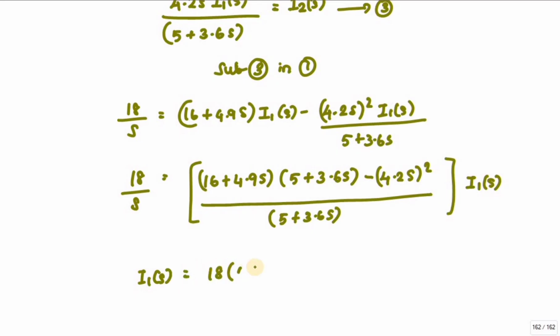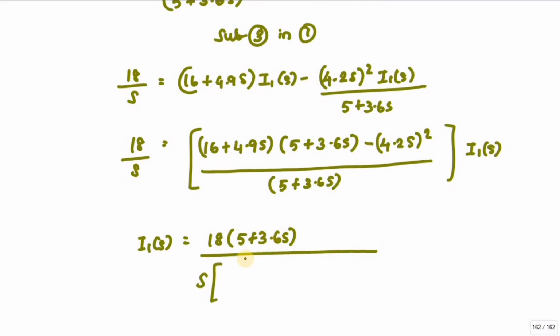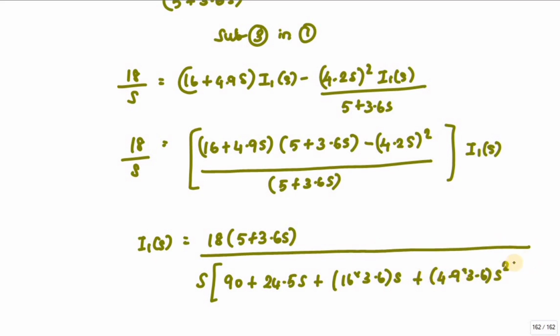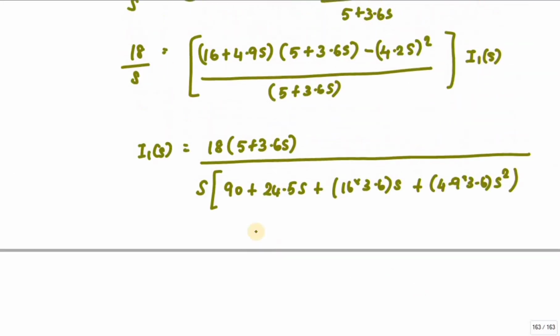So what is my I1 of s now? I1 of s is equal to 18 into (5 plus 3.6 s) divided by s into (80 plus 24.5 s plus 16 times 3.6 s plus 4.9 times 3.6 s squared minus 4.2 squared s squared).